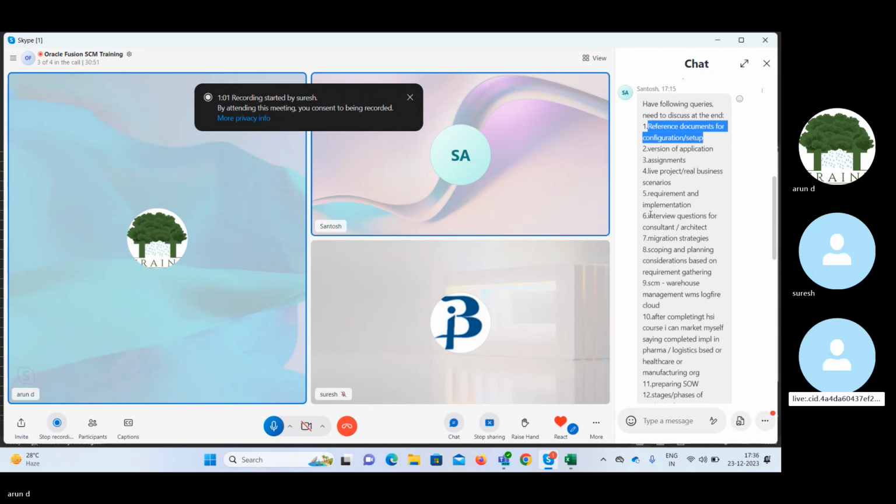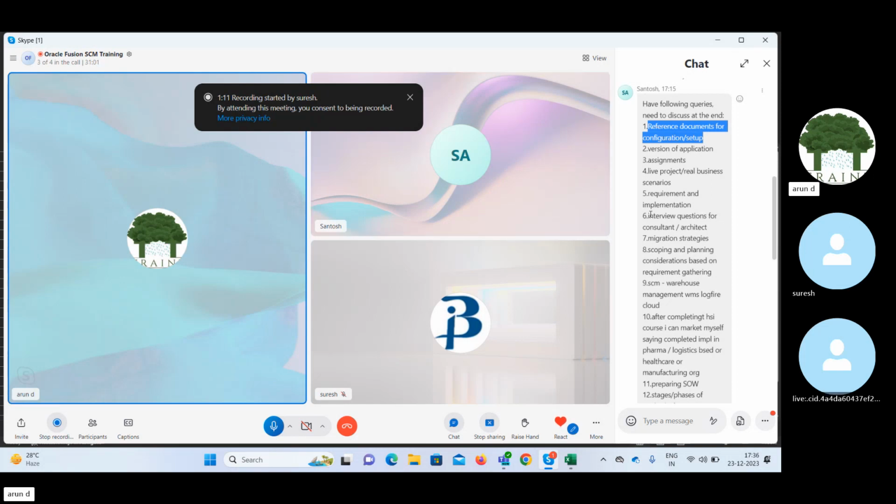Then the seventh one is about the migration strategy. Is it required, or are we discussing it? Migration strategy basically will talk about two things. Definitely we'll talk about the inventory and the purchase order, because we have done the migration activities.